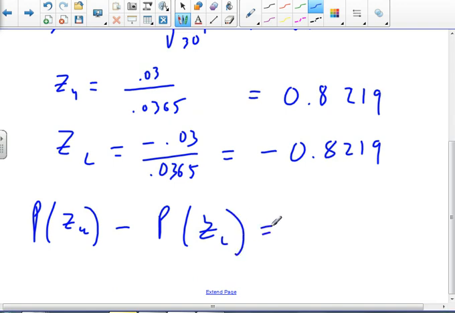And now we're going to go back to our z table. 0.82 is the best we're going to do. So we'll go with 0.7939 minus the probability of the lower z, 0.2061.